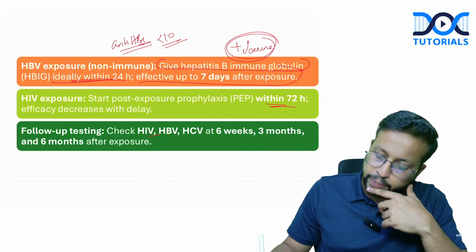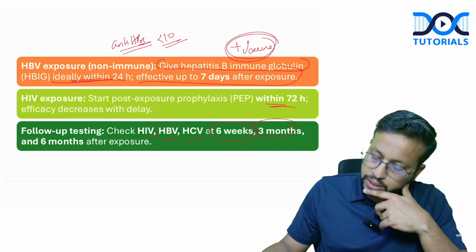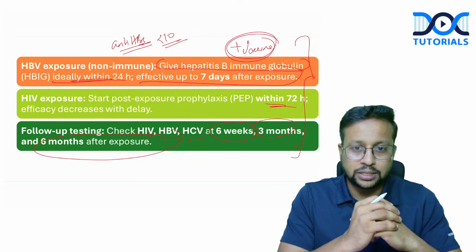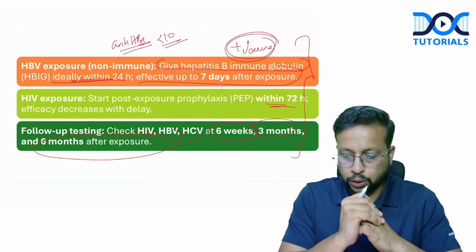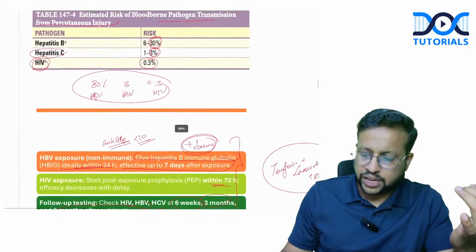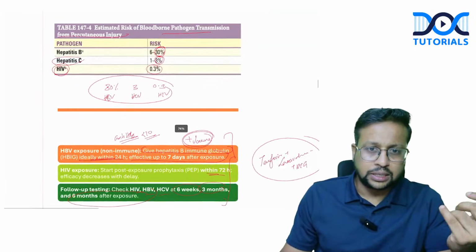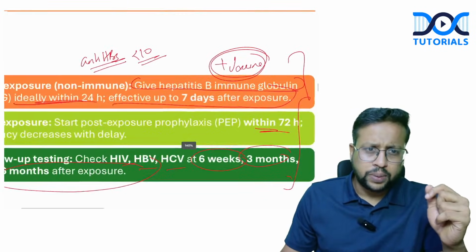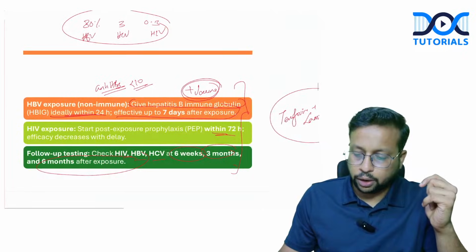You can do HIV, hepatitis B, and hepatitis C testing at 6 weeks, 3 months, and 6 months after exposure to know whether your post-exposure prophylaxis has actually worked or not. That again comes in the chapter of occupational health. I believe it's not very commonly that you go across this chapter, but it's a very, very important topic.